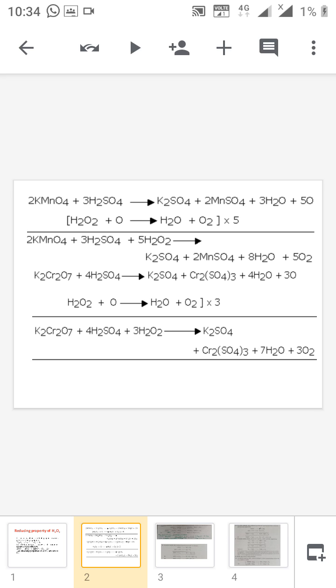Here also we are using sulfuric acid, since K2Cr2O7 is less active than KMnO4, so we use the stronger acid. We use 4 normal H2SO4 in dichrometry. So we will get K2SO4 plus Cr2(SO4)3 plus water plus oxygen. Hydrogen peroxide reacts with nascent oxygen and gets water and oxygen.